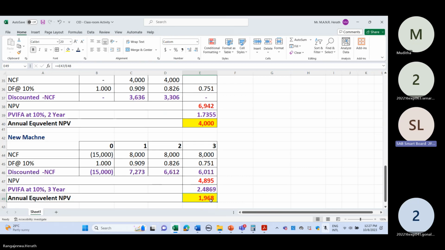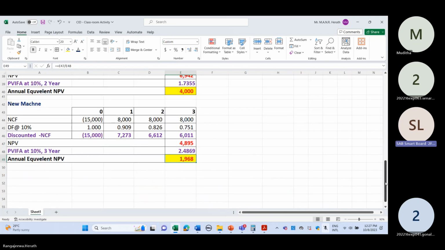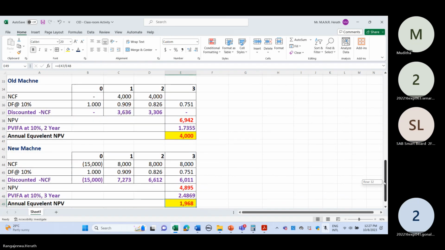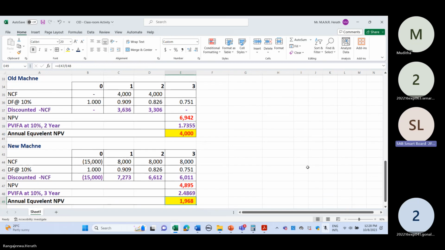The annual equivalent NPV is higher using the old one. So you have decided to continue with the old one rather than going for the new one.